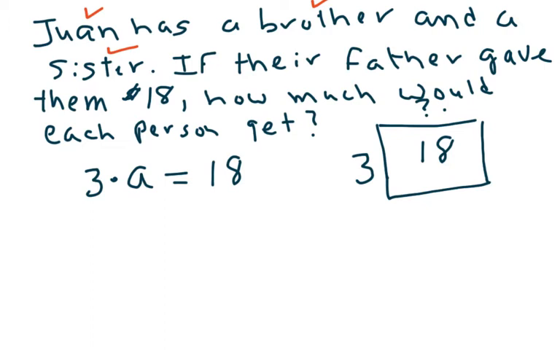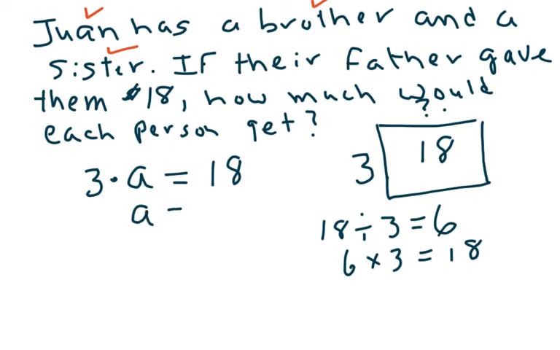Or 18 divided by 3. Either way, because division undoes multiplication. 18 divided by 3 is, well, I know it's 6 because 6 times 3 is 18. So either way you want to look at it, A has to be 6.